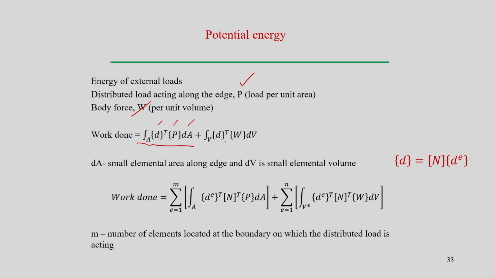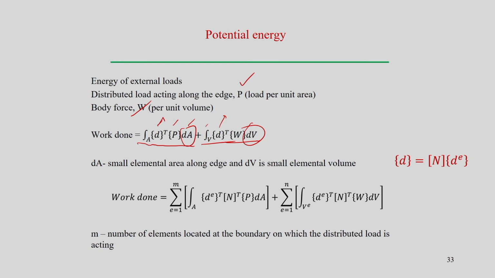So, body force is integrated over the volume, and D is the displacement field. Displacement times load indicates the work done in this particular case. Because it is an elemental area, we consider the integral over the area, and for the elemental volume, the integral over the volume.